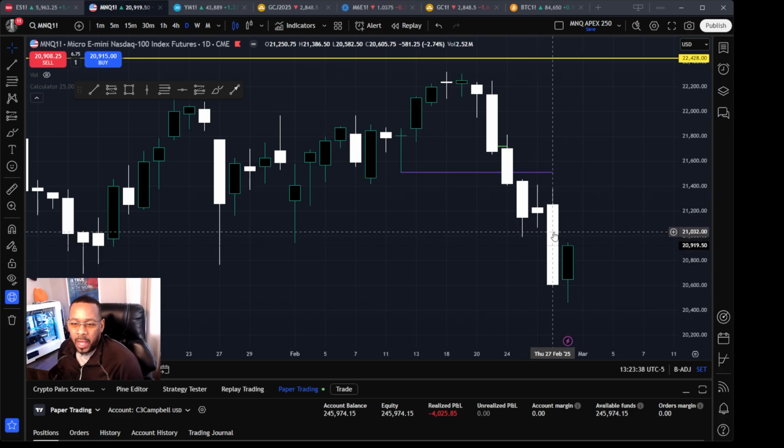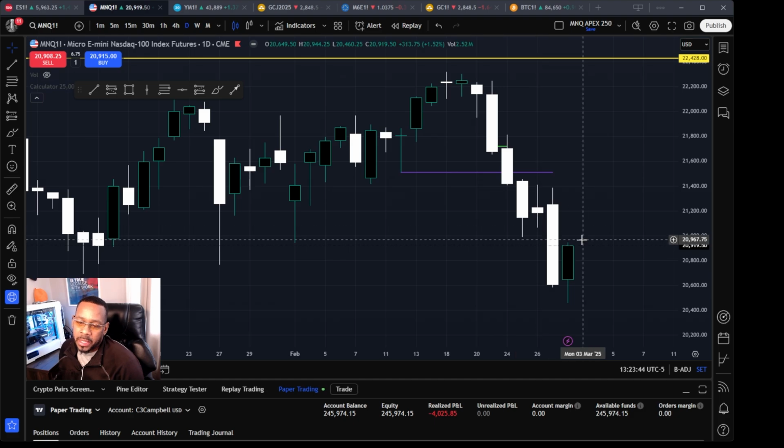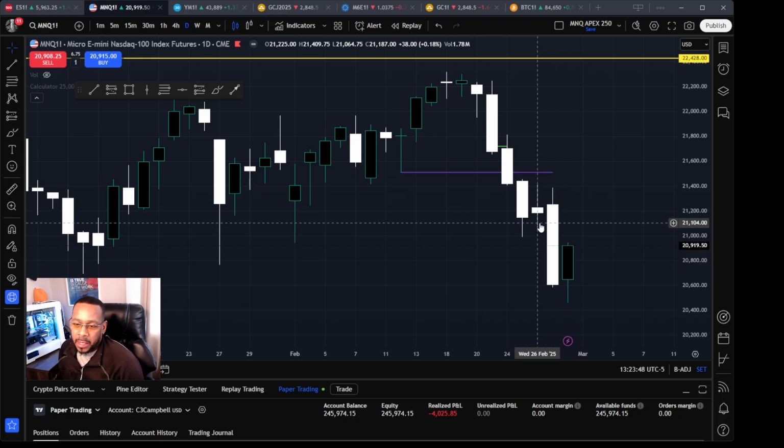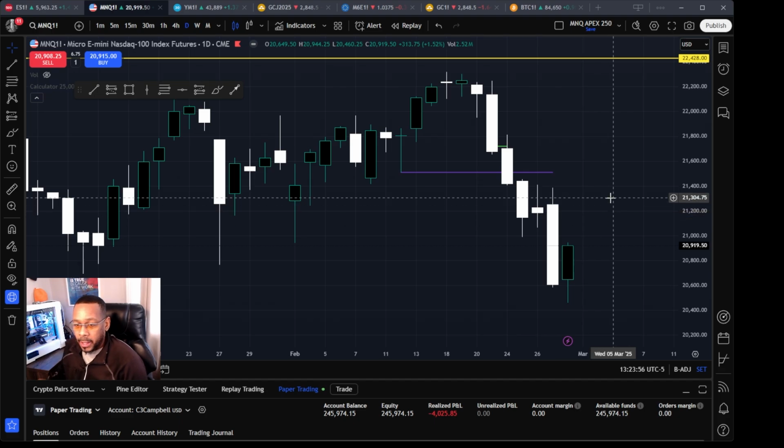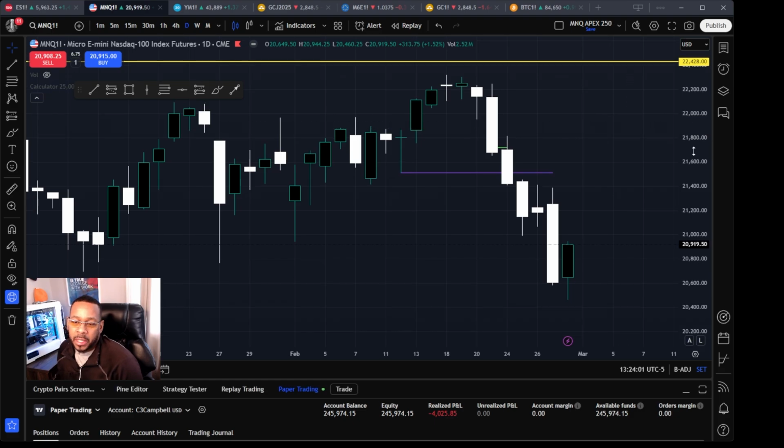This one's a little different in the aspect of I will still be looking forward to probably start out down and then come up and clean up this imbalance. What I definitely wanted to go past 21.2248 and close above there on a daily to see that price is going to continue up.